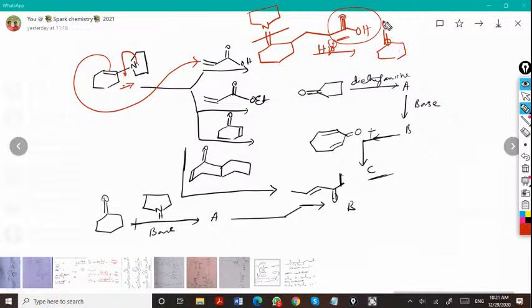So this could be the product. Similarly with this, if I add H3O plus, and if I didn't add water, it will be up to imine formation.